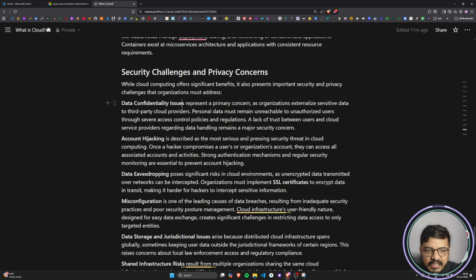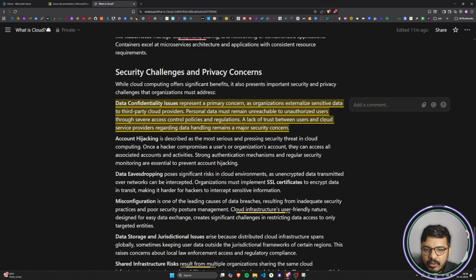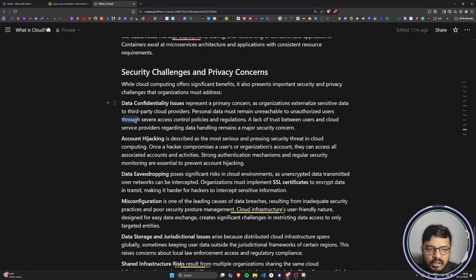Data confidentiality issues represent a primary concern as organizations externalize sensitive data to third-party cloud providers. Personal data must remain unreachable to unauthorized users through server access control policies and regulation. A lack of trust between users and cloud providers regarding data handling remains a major security concern.